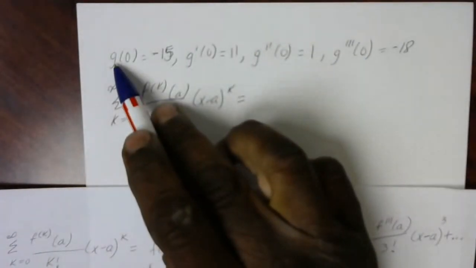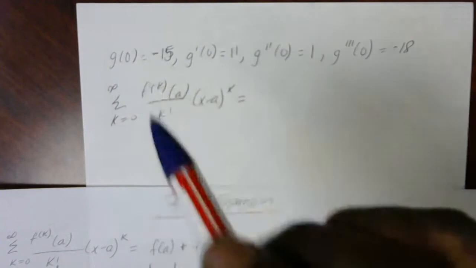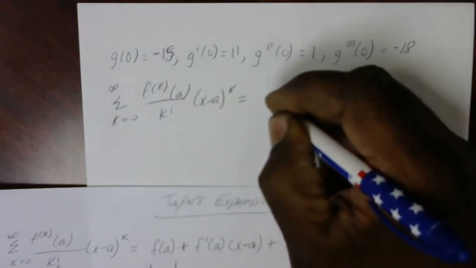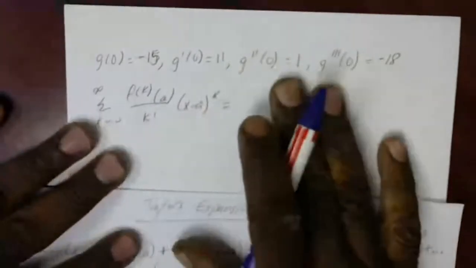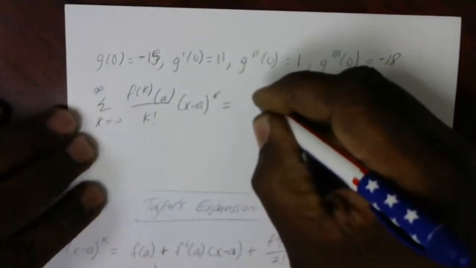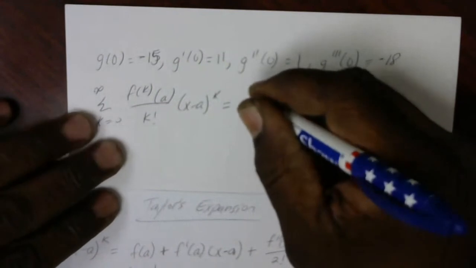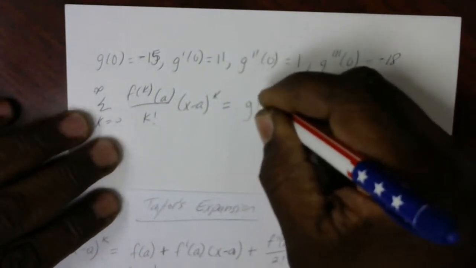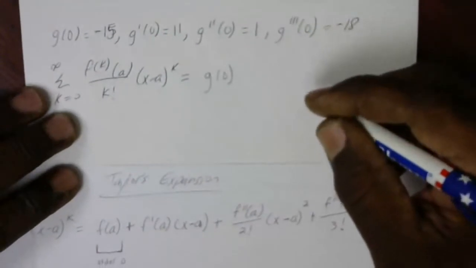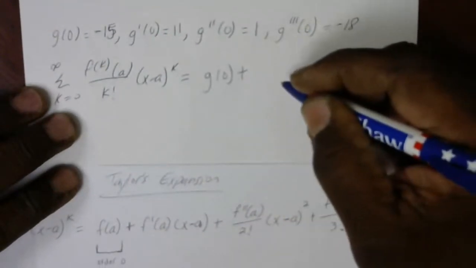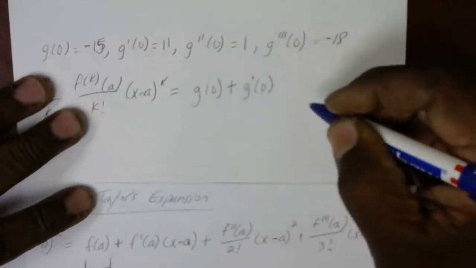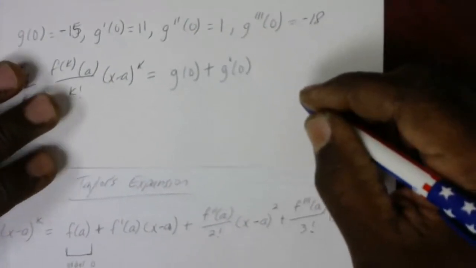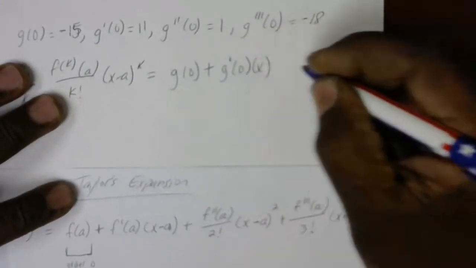That's going to equal g of 0. I think I'll write it out like this first in abstract form. That's going to equal g of 0 plus g prime of 0 times x.